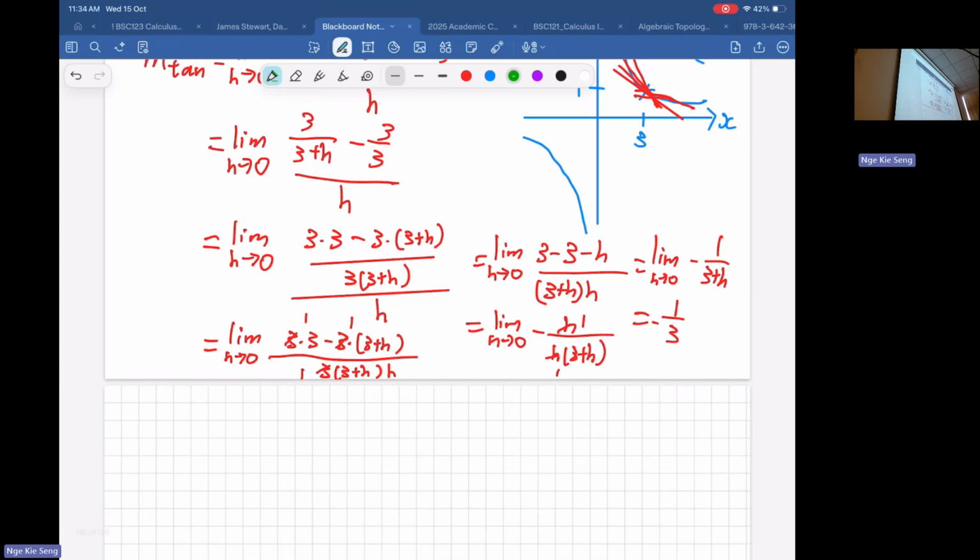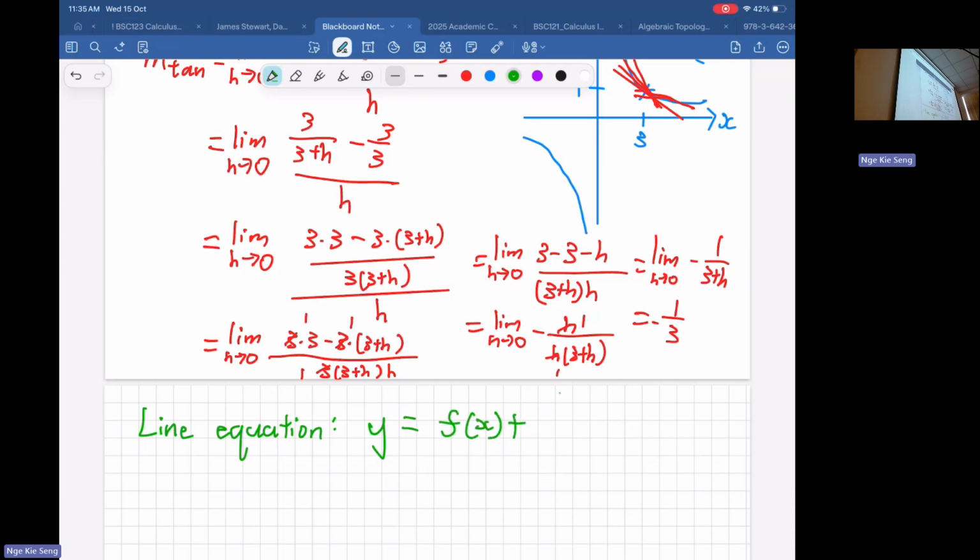So wait, let me put the line equation first. Line equation. y equals f(x0) plus f'(x0) times (x minus x0).